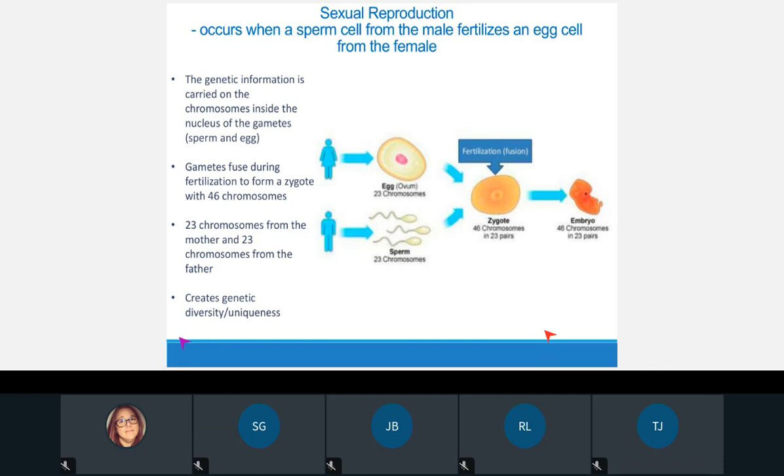All right, you have different types of cells in your body. Name some of the cells that are in your body. I've got skin cells, brain cells, blood cells, muscle cells. Nerve cells, yes, you've got nerve cells in your body.